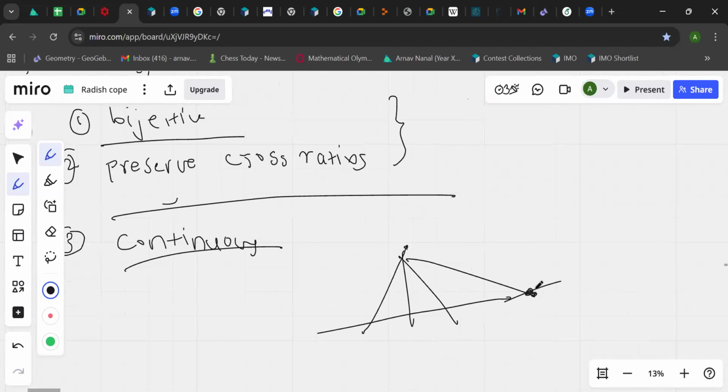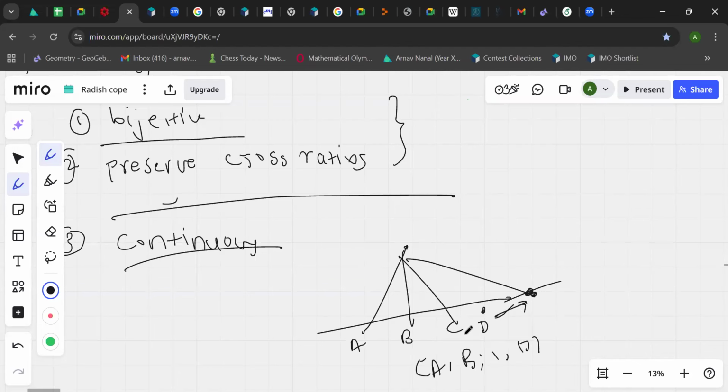So what we have here is, if you take these points A, B, C, D, and you tend this point D to this point, then the cross ratio will tend to (A, B; C, D).